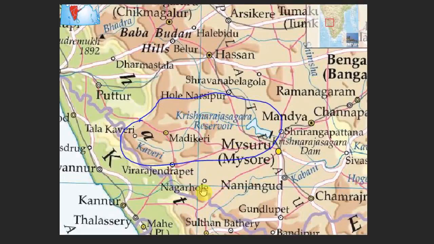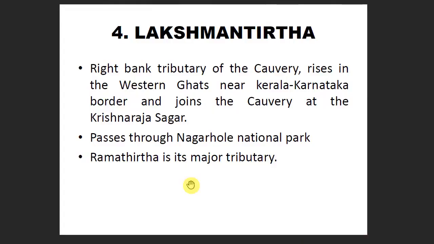Nagarhole National Park is connected to a network of national parks and wildlife sanctuaries across these 3 states in Tamil Nadu, Karnataka as well as Kerala. And RamaTirtha is the major tributary.